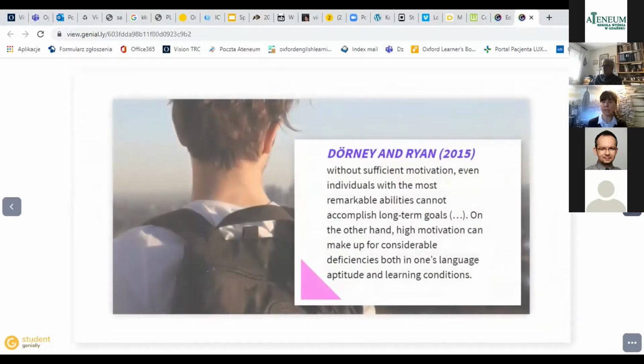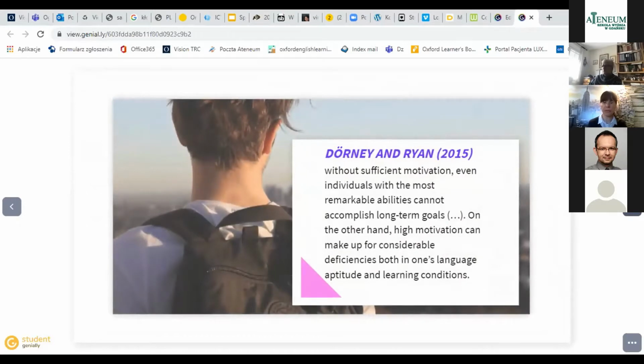After Dörnyei and Ryan, we can say that without sufficient motivation, even individuals with the most remarkable abilities cannot accomplish long-term goals. And on the other hand, high motivation can make up for considerable deficiencies in both one's language aptitude and learning conditions.